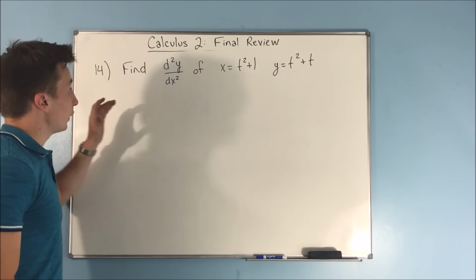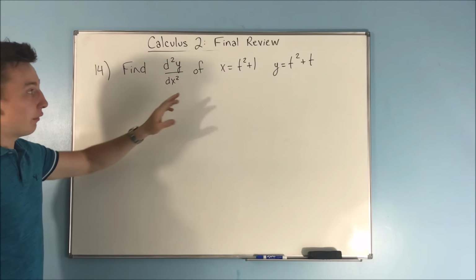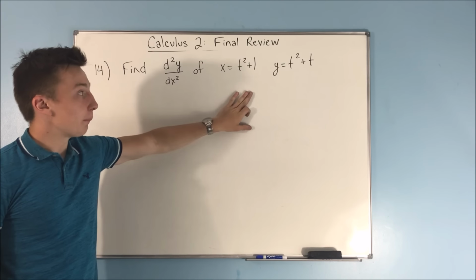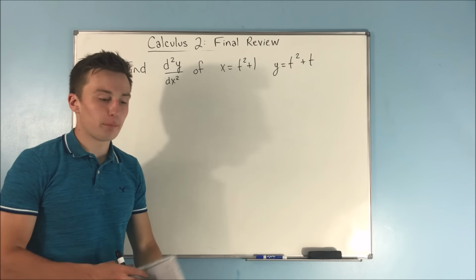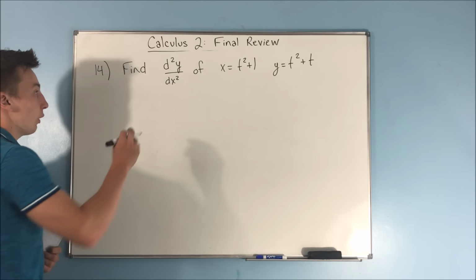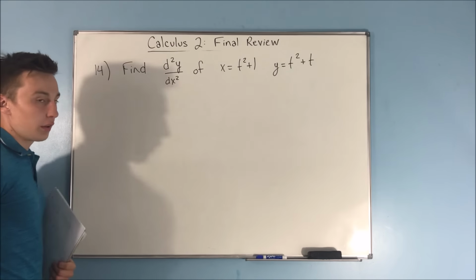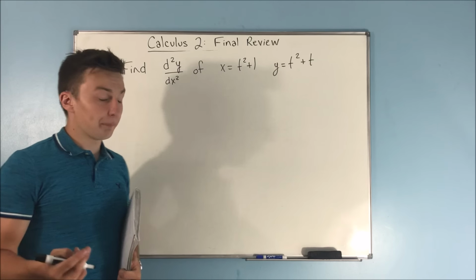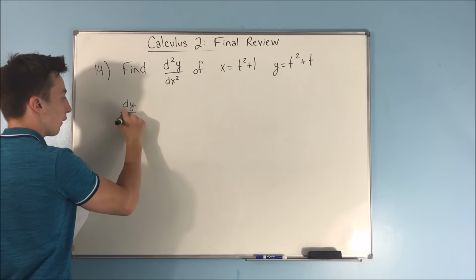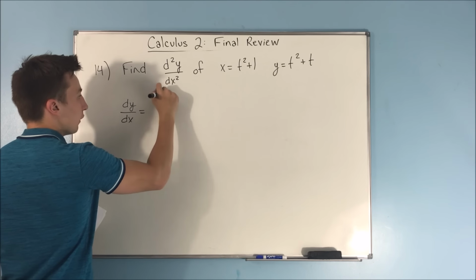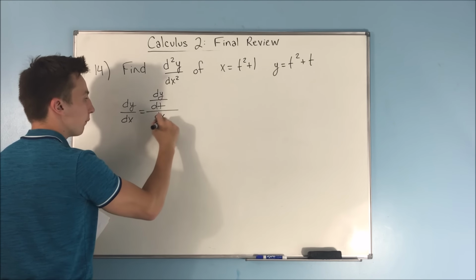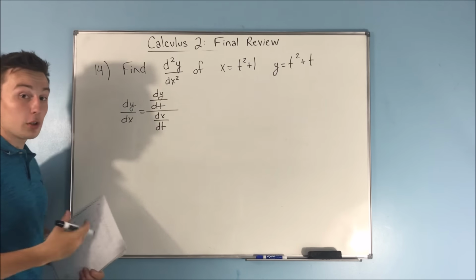Now, next we want to find the second derivative of our set of parametric equations here, x equals t squared plus 1, and y equals t squared plus t. Now, you don't have to memorize the formula for your second derivative. What you need to know is that dy over dx, it's something good to know, but you don't have to know it.